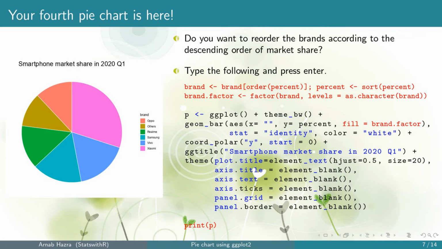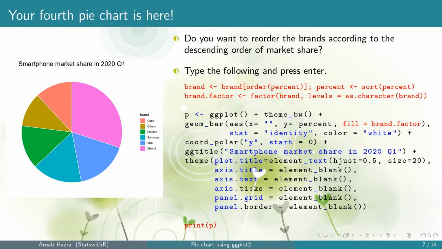In the function geom_bar within aesthetics, we replace fill equals to brand by fill equals to brand.factor. Also note that we are storing everything so far into P and print P returns the updated pie chart.